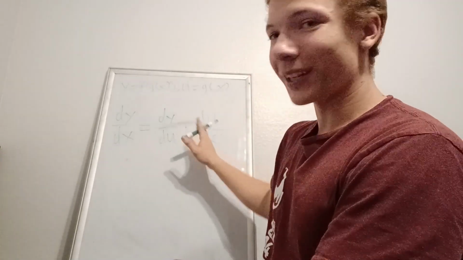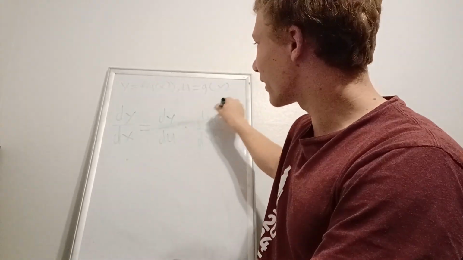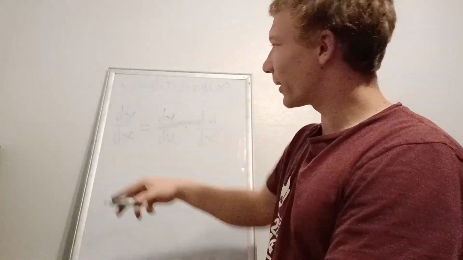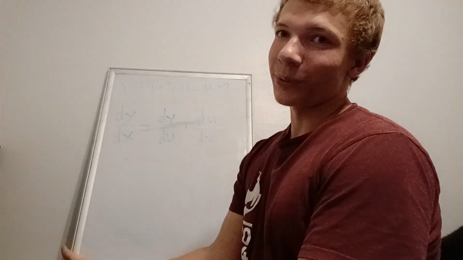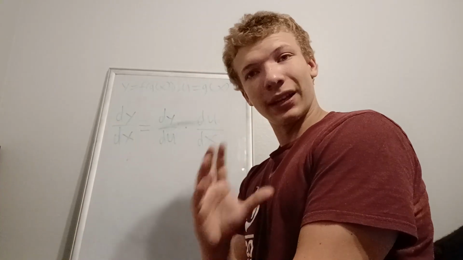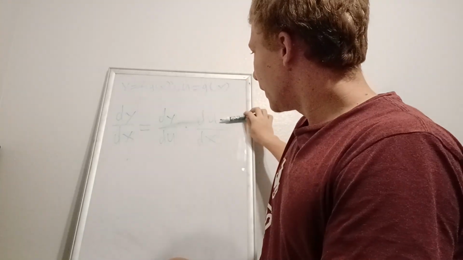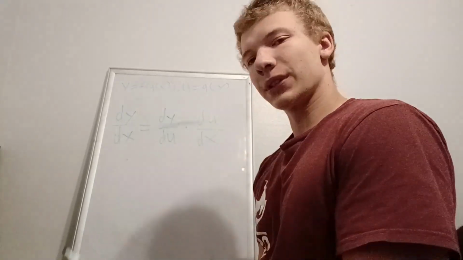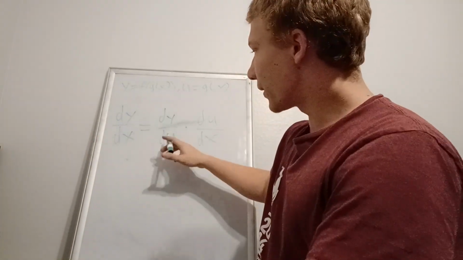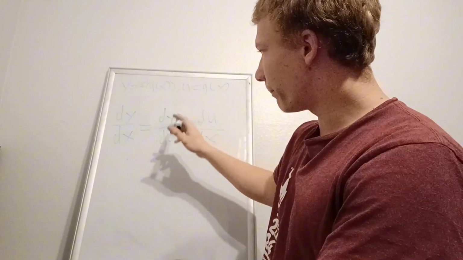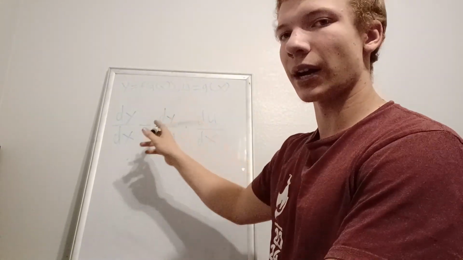Now, these look like fractions, and wouldn't it be so nice if we could just cross here and cross here, dy dx, dy dx, duh, obviously it's true. But technically we don't know that yet because, if you recall from the previous video, what du dx or dy du or d something or other means is that as you take an infinitely small chunk on the bottom, you get a certain infinitely small chunk on the top.